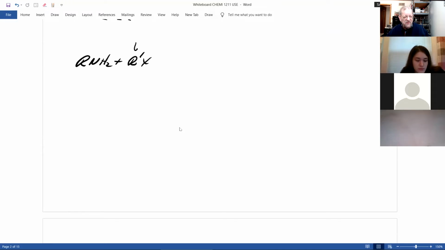And the only reason I use R prime is because it can be the same or different than the R group on nitrogen that's there already. It doesn't matter which side you put the R groups. Now remember, amines have 3 bonds to it. I have 2 already, so I need another hydrogen or a hydrogen. And let's take a look at this.